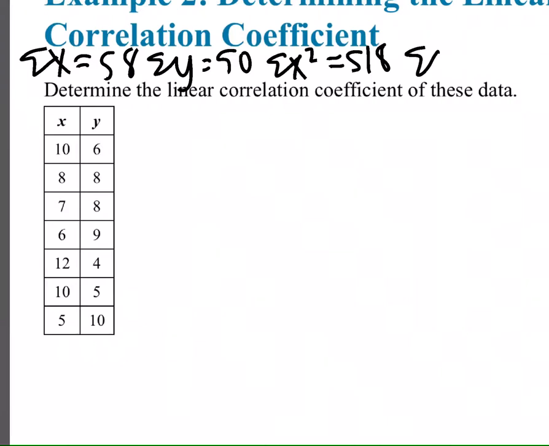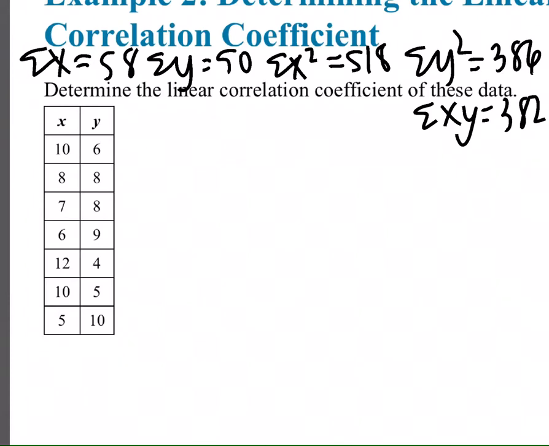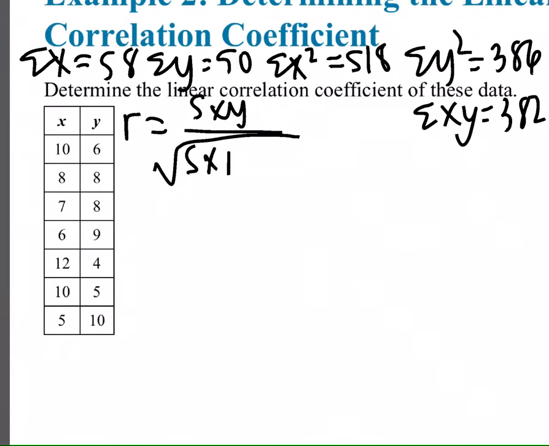Sum of y squared was 386. And sum of xy was 382. Now we're trying to find the correlation coefficient. So I'm going to write that formula again. It's r equals s sub xy divided by the square root of s sub xx times s sub yy.